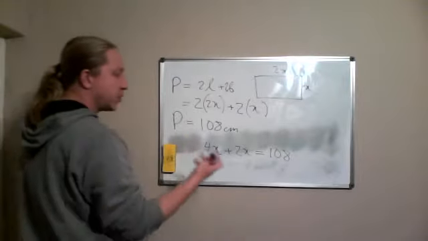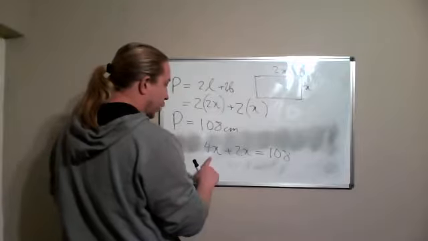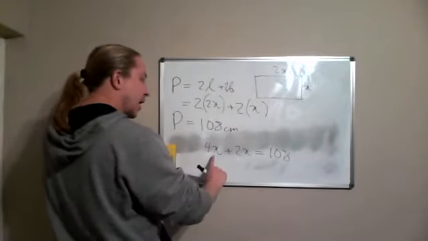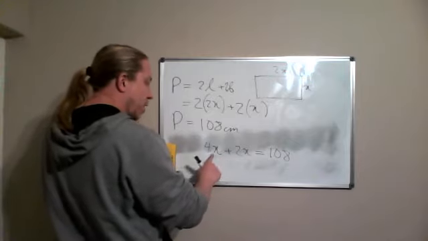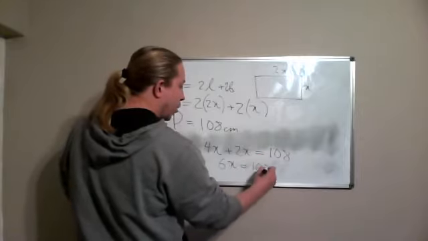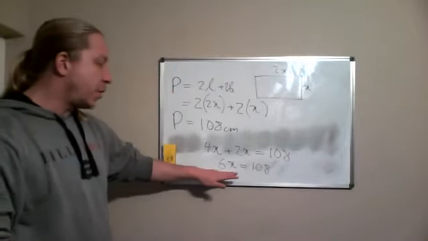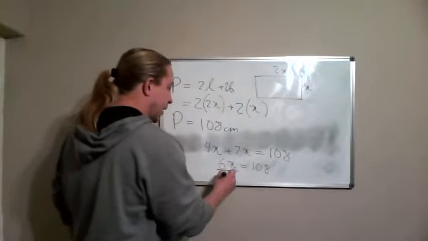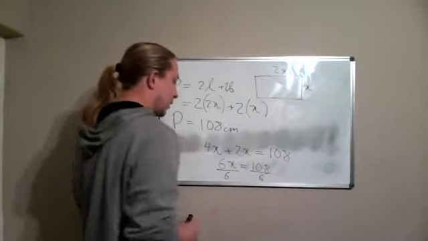Okay, let's solve this using our knowledge of solving equations. Add like terms. We've already multiplied our brackets. Now we're adding like terms. 4x plus 2x gives me 6x, which equals 108. Right, now we need step 3. We need to divide by the same coefficient. So divide by 6, divide by 6.